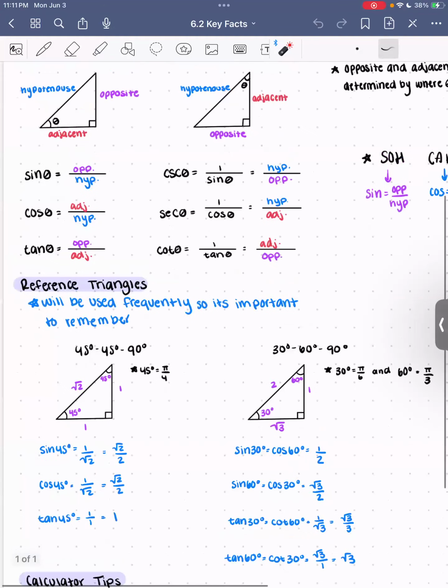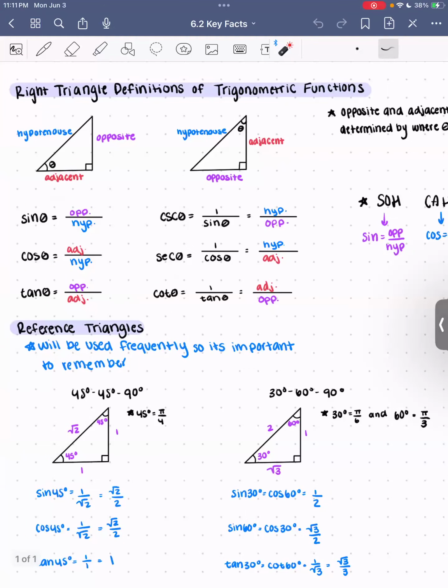I'll also note that these are very important to memorize because they will come up forever. They will not go away, especially these three. As long as you know which ones are the reciprocals of what, you can just flip it. You don't have to inherently memorize them.